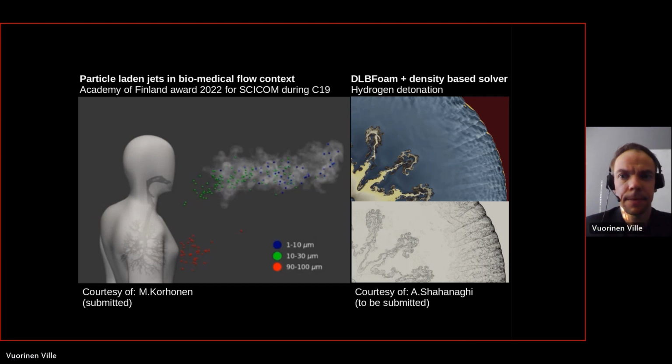And now we are currently looking at hydrogen detonations and also primary reference fuel detonations, and the emerging physics out of this kind of systems is very different than we are used to in subsonic combustion.